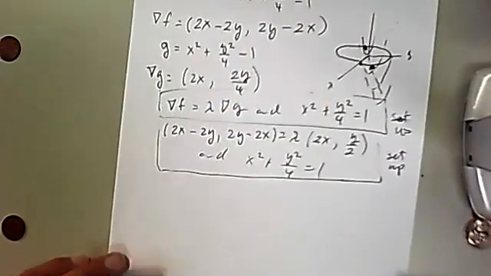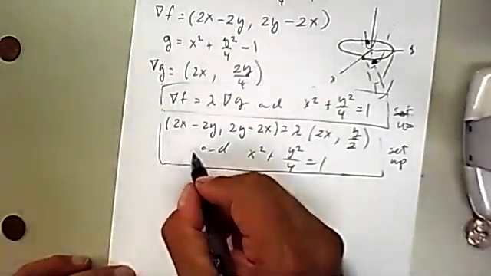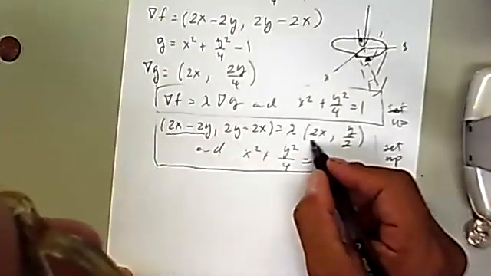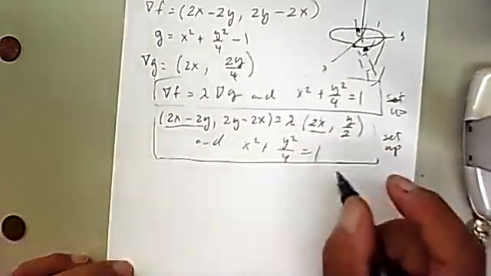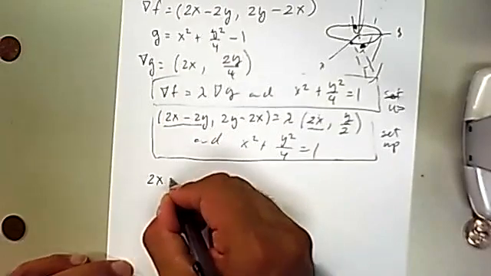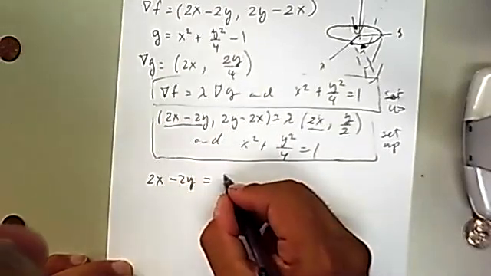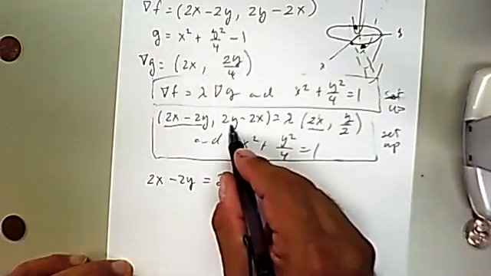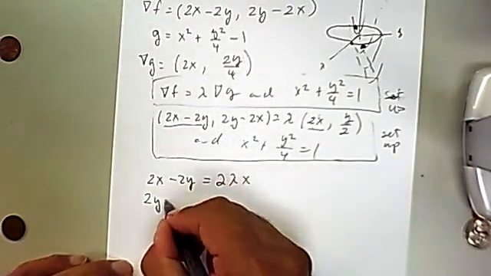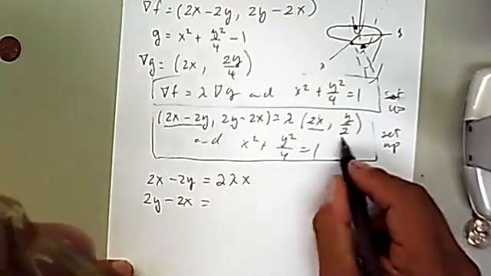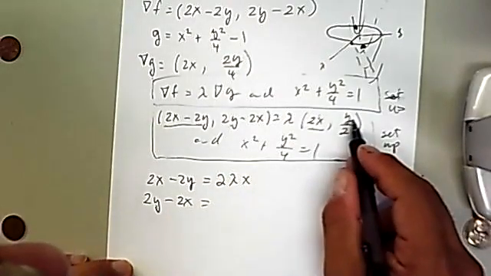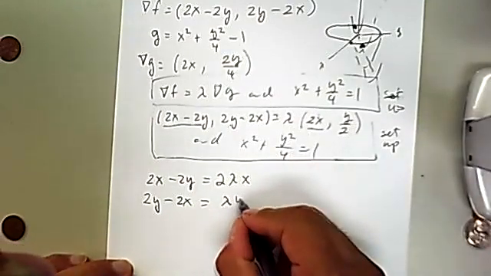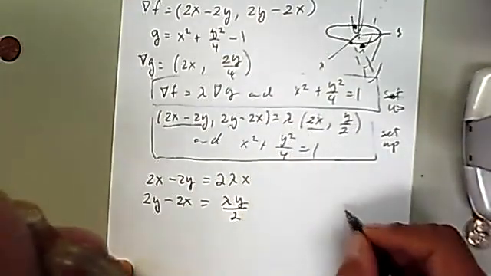But the way we want to write it is by actually breaking this up into coordinates. So this coordinate should match this coordinate, except that the lambda should be included in that. So 2x minus 2y equals 2 lambda x. And that second coordinate, 2y minus 2x, should equal y over 2 times lambda, so lambda y divided by 2.